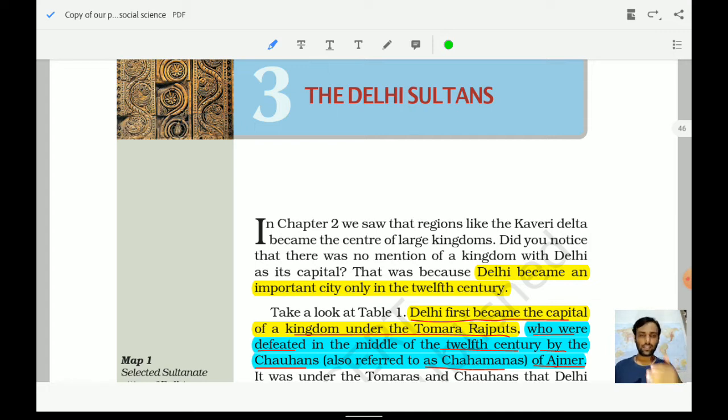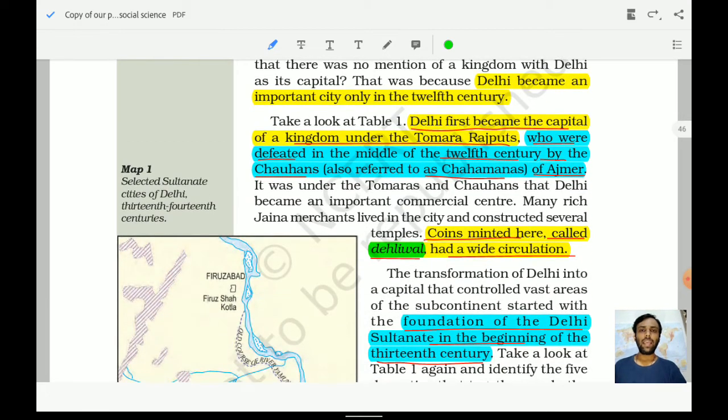So let us start with how these people came into the fragile northwestern part of India and how they gave rise to the Delhi Sultanate, right? Delhi became an important city only in the 12th century. Delhi first became the capital of a kingdom under the Tomar Rajputs, who were defeated in the middle of the 12th century by the Chauhans, also referred to as Chahamanas of Ajmer.